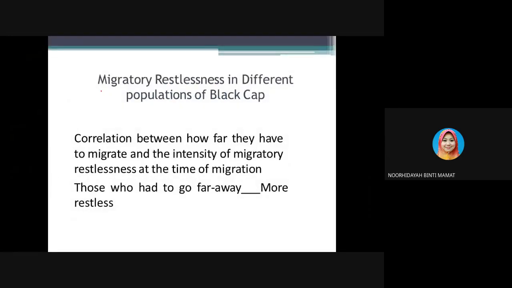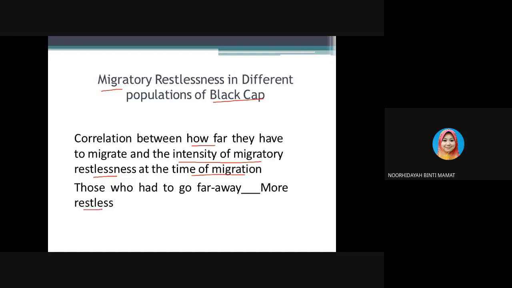So, for example, here we have migratory restlessness in different populations of blackcap. There is a correlation between how far they have to migrate and the intensity of migration restlessness at the time of migration. Those who had to go far away can be classified as more restless.